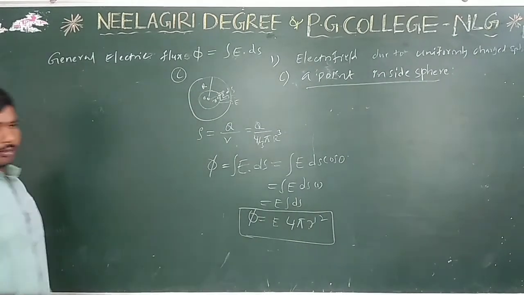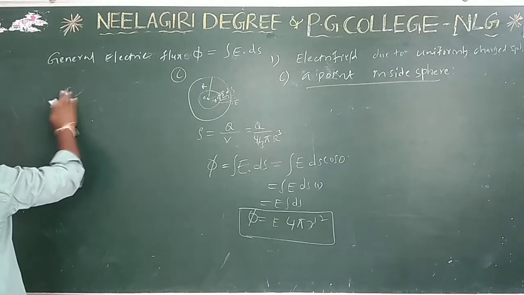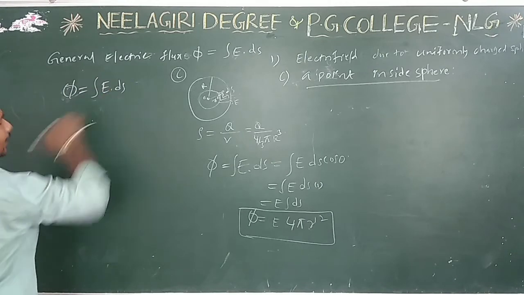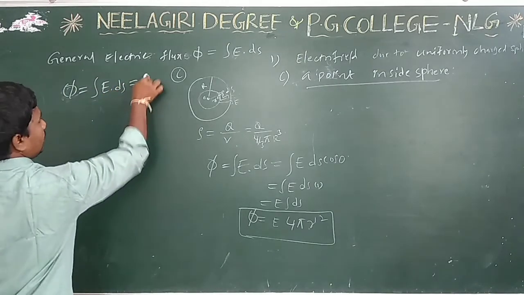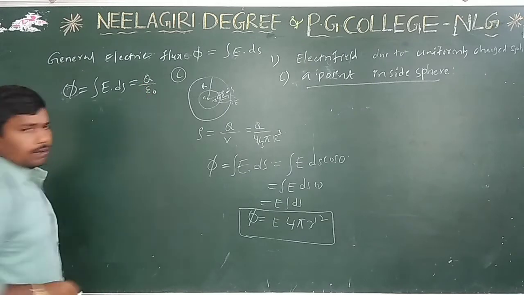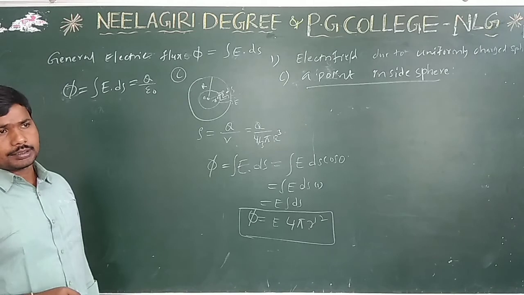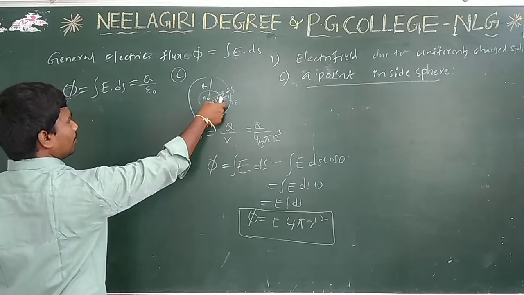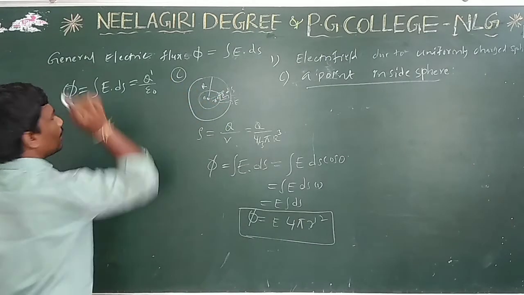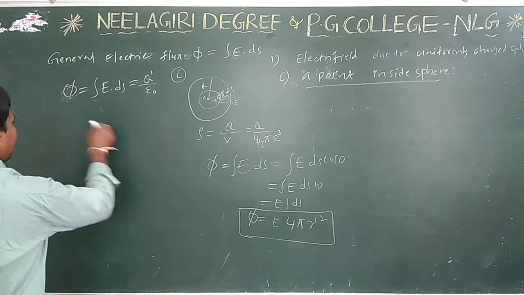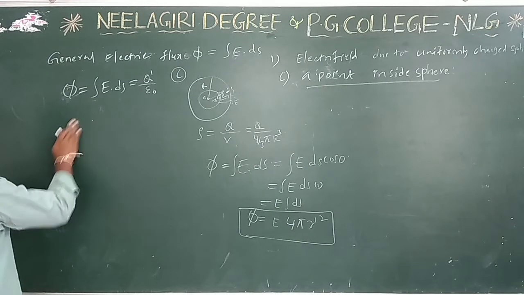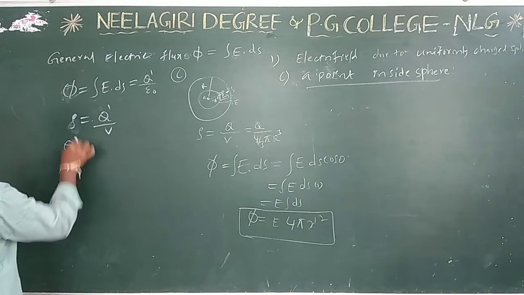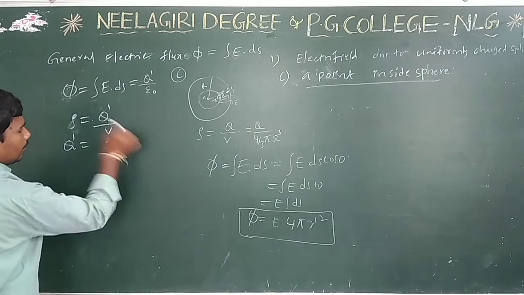We write Gauss law: integral E dot ds is equal to the charge Q by epsilon. So what is Q? Generally, our total sphere charge is Q, but here our sphere has radius R prime, so we write Q prime. We know that rho is equal to Q prime by V. So Q prime is equal to rho into V.